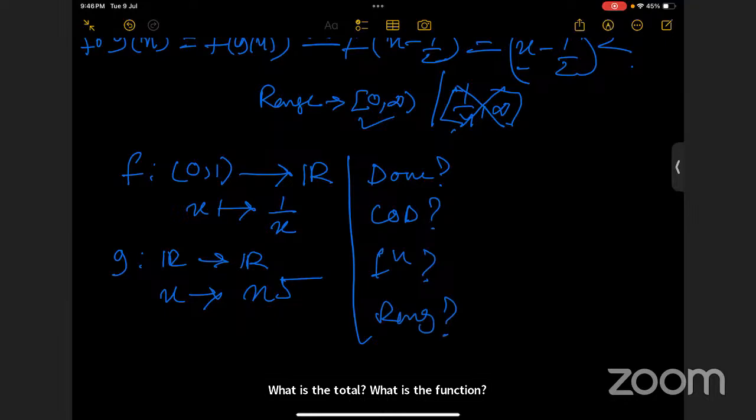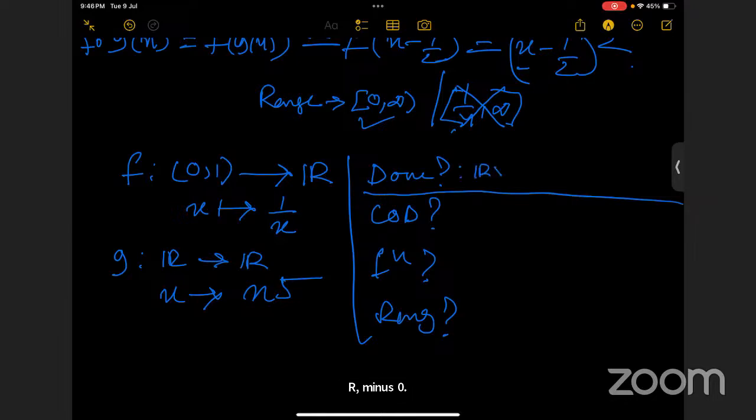So what is the domain? R minus 0, real numbers. Let us first talk about the domain. Yes, ma'am, R minus 0. Any other answer for the domain? So everyone is convinced with that, right? R minus 0 is the domain.